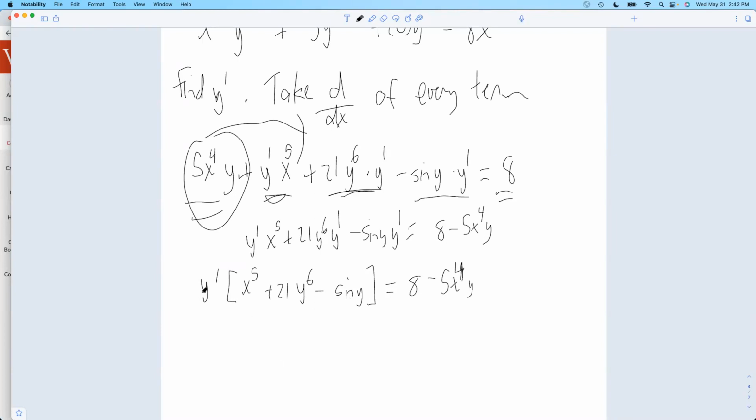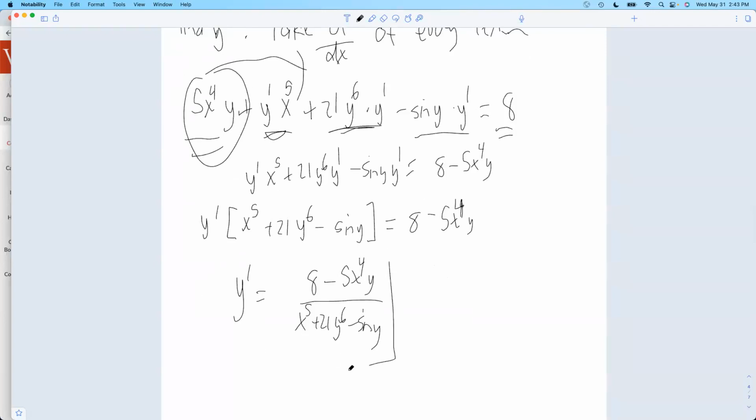And then your last step, always, whatever's sitting here beside the y prime, divide. And then write all this out. And there's our derivative. So this will spit out slopes along a curve.